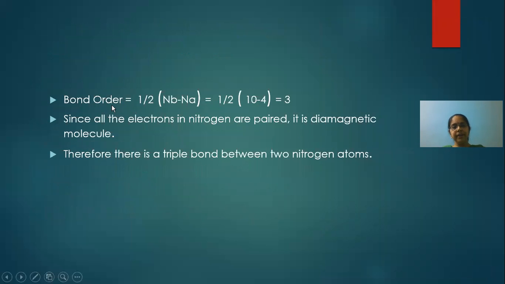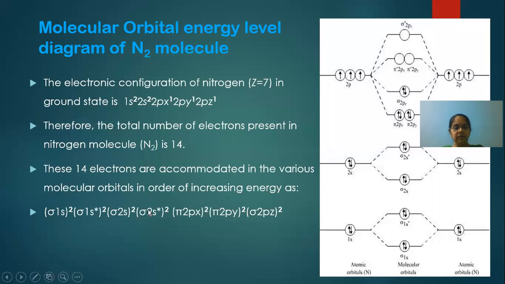So bond order is calculated using the formula half into the number of electrons in the bonding molecular orbitals minus the number of electrons in the anti-bonding molecular orbitals, which are represented as NB and NA. So bond order is calculated as half into NB minus NA. The number of electrons in bonding molecular orbitals are 2, 4, 6, 8, and 10.